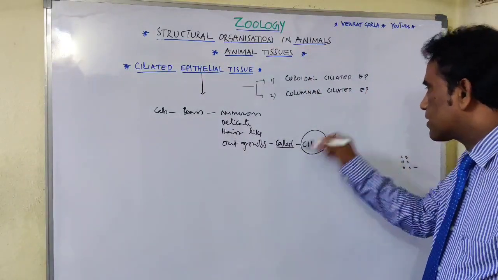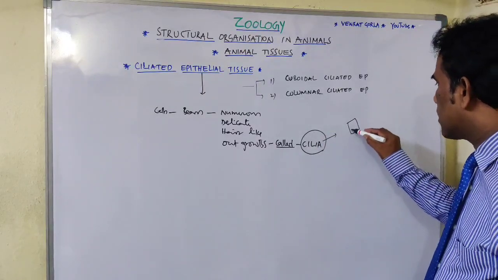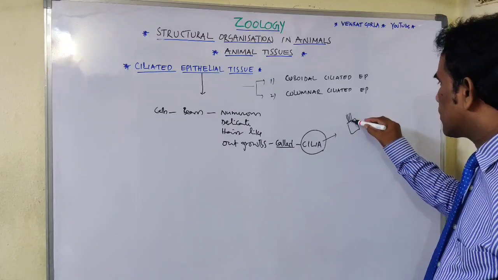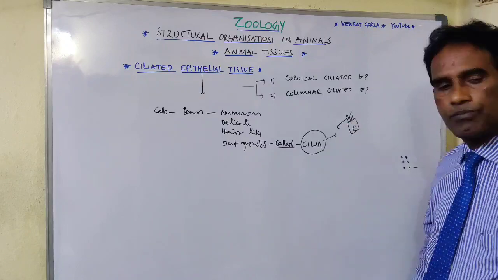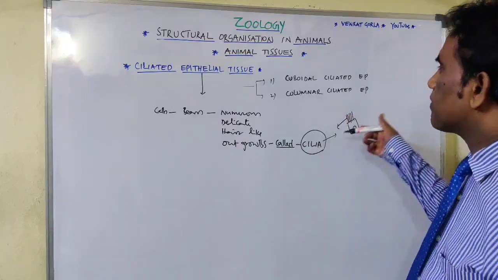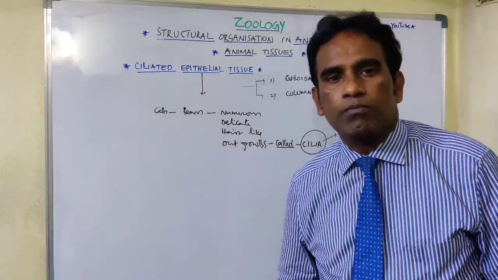The cilia are present on the free surface of the cells. Due to the presence of cilia on the cells, we call the tissue ciliated epithelium.